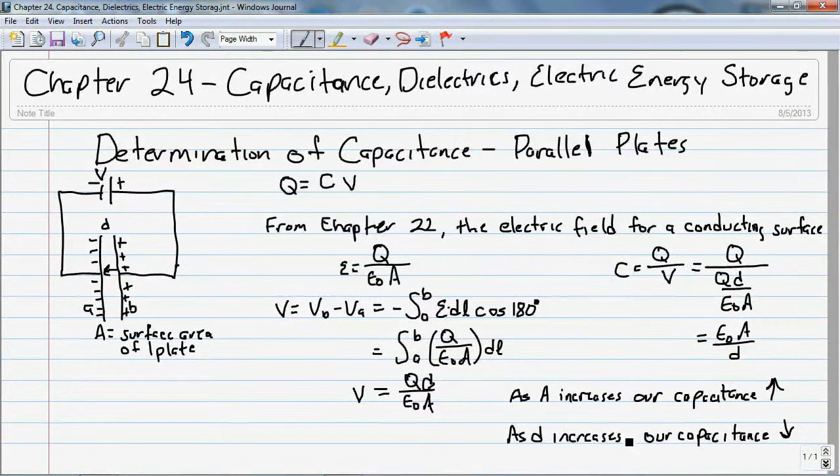So this is the value of the capacitance for a parallel plate.